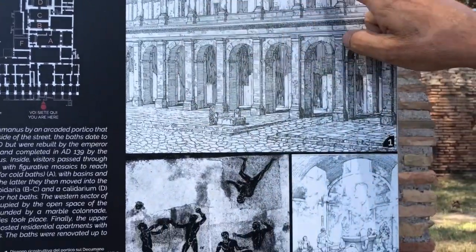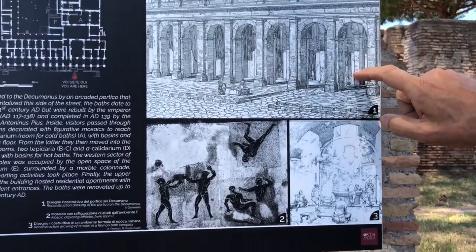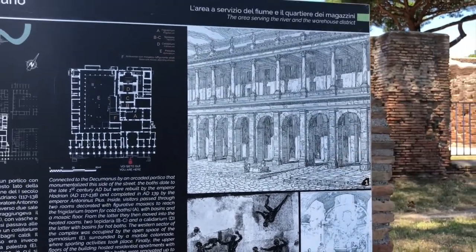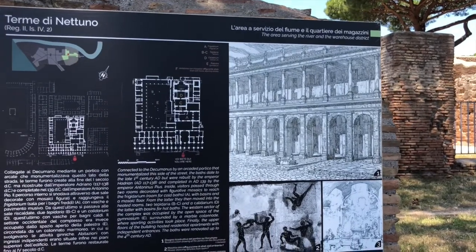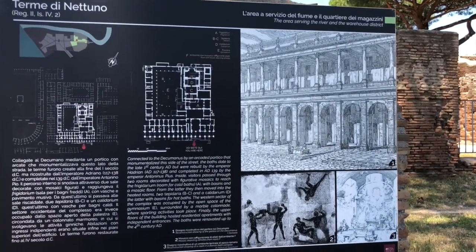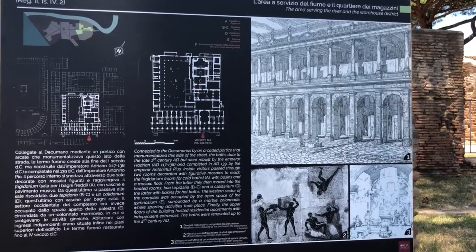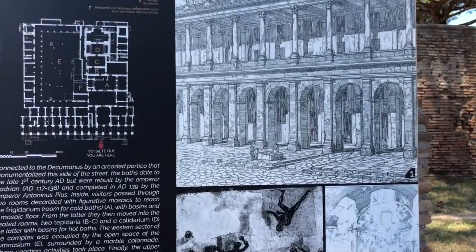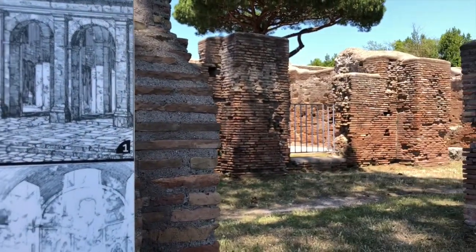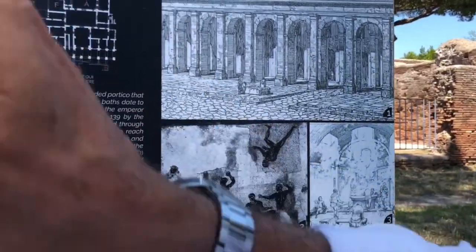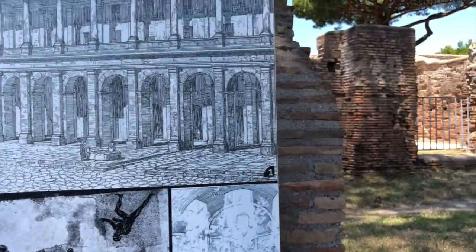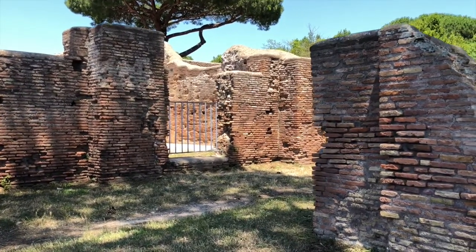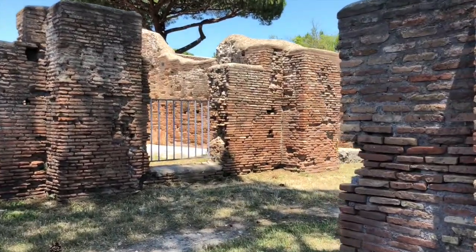This is a sort of a reconstruction of how the bath of Neptune used to be. A very large area in which it was public, so you could go. At a certain point in history we used to have morning for ladies, afternoon for men. But before Augustus' time, we had them unisex, so everyone could be there at the same time.